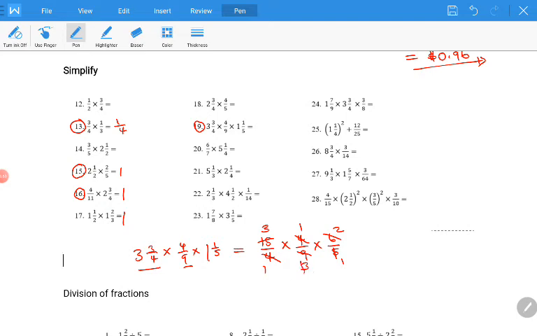This 3 into this 3 cancels out, so our final answer is 1 times 1 times 2, which is 2 over 1 times 1 times 1, 2 over 1. So our answer here is 2. So fractions are very easy to deal with.